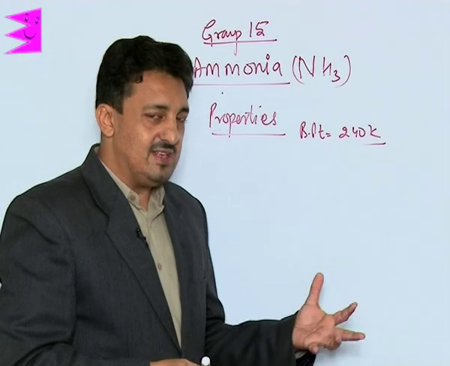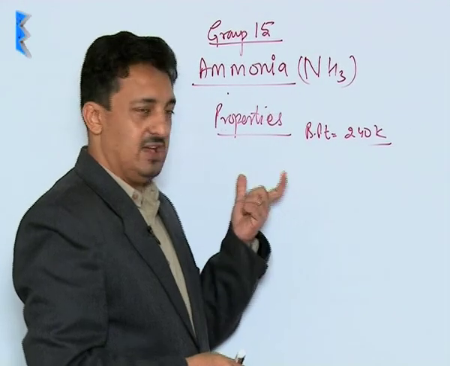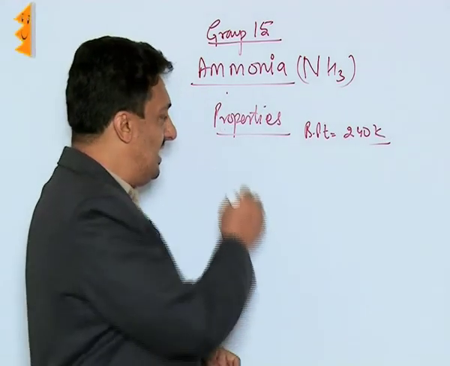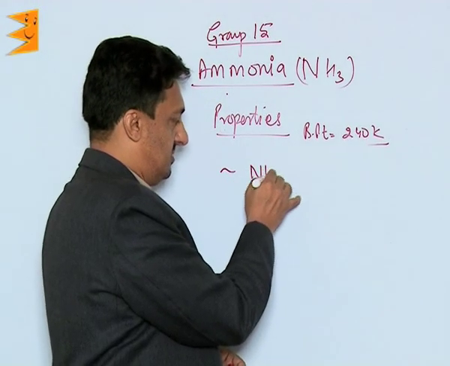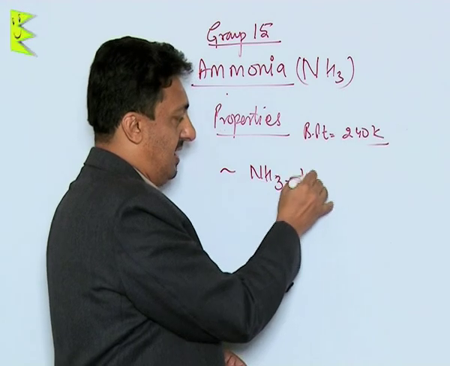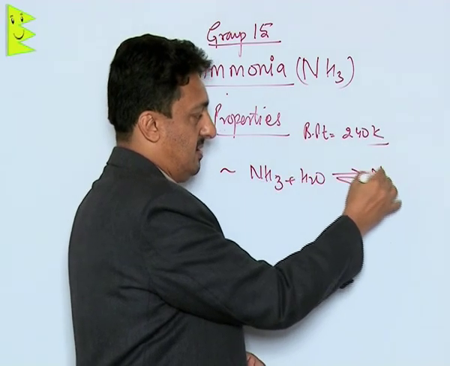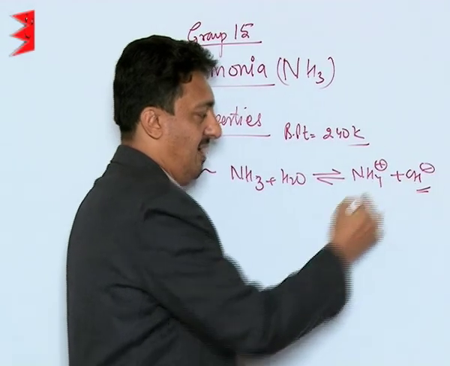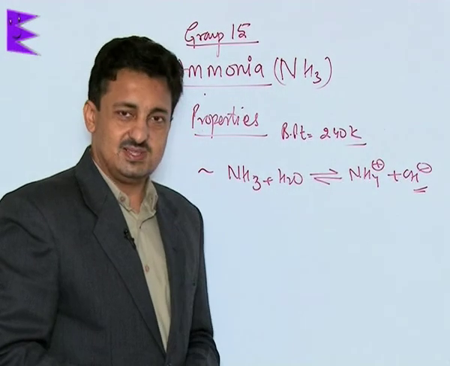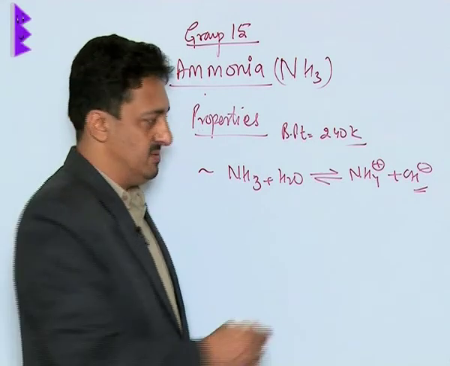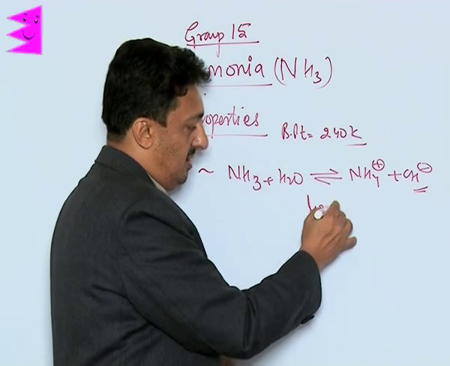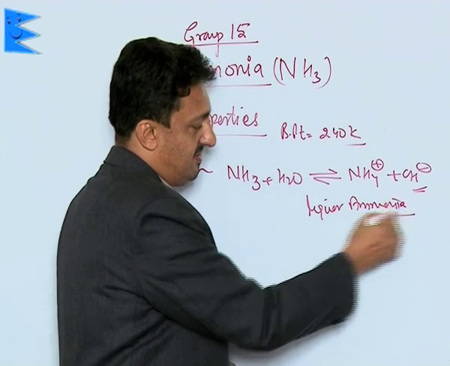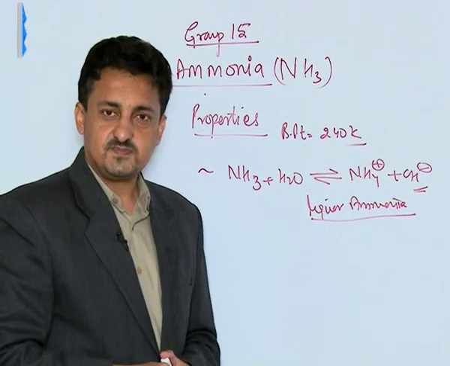So at 0 degrees Celsius or at room temperature, ammonia is gaseous. But remember, it is highly soluble in water, and it makes water basic by the release of OH minus ions. So its aqueous solution, which is also called liquor ammonia, is basic in nature.